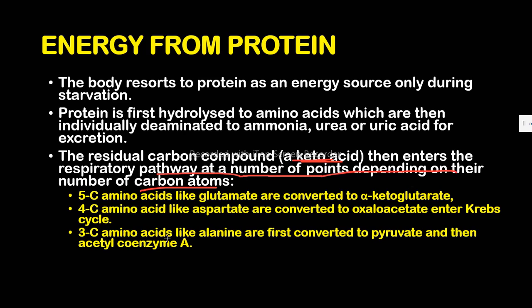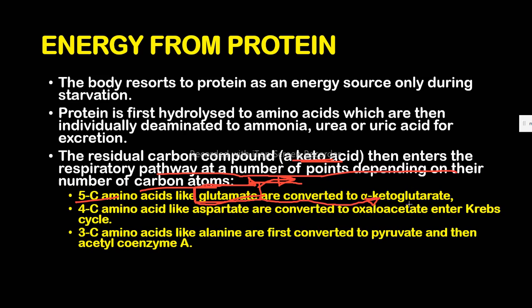If the compound has 5 carbon atoms, like the amino acid glutamate, when you remove the amino group and you add a keto group, then you form a 5 carbon compound, and that compound will be converted to alpha ketoglutarate.